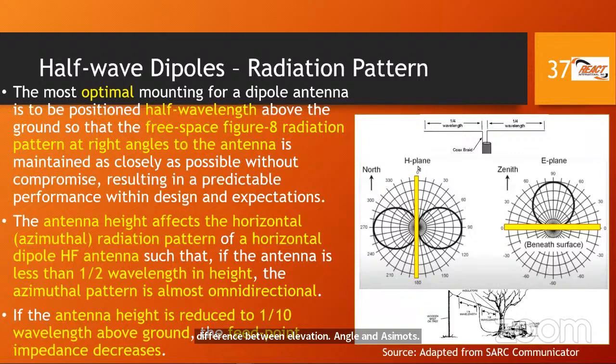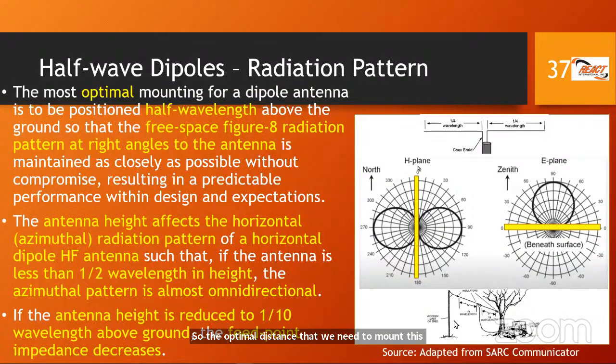All right, so remember we said that it was important in terms of mounting this horizontally polarized dipole antenna above the ground. So the optimal distance that we need to mount this dipole antenna is about half wavelength above the ground, right?